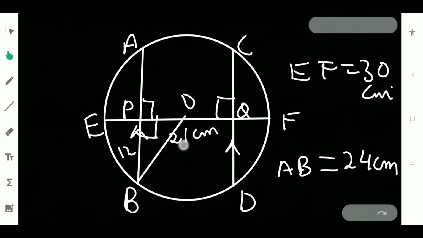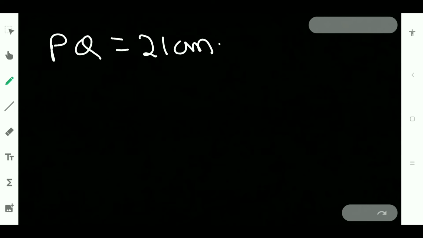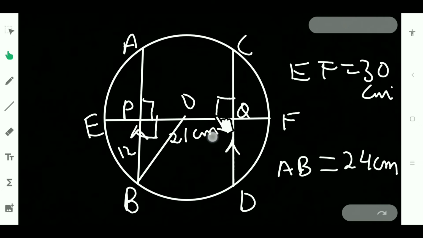But for that we have to know the length of OP over here. So we know PQ is 21 centimeter, that is the distance between the two chords.